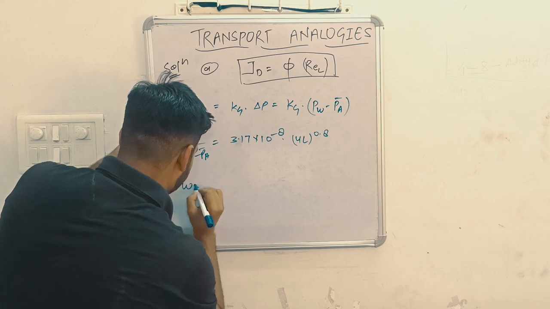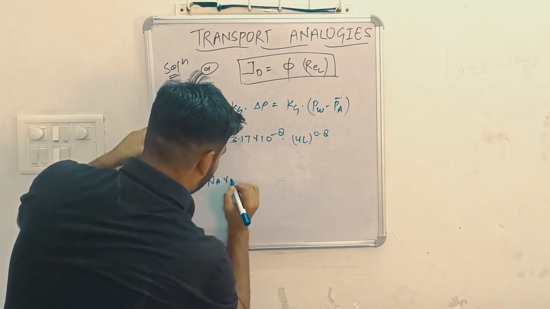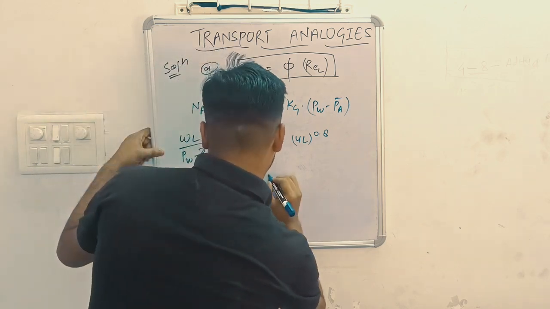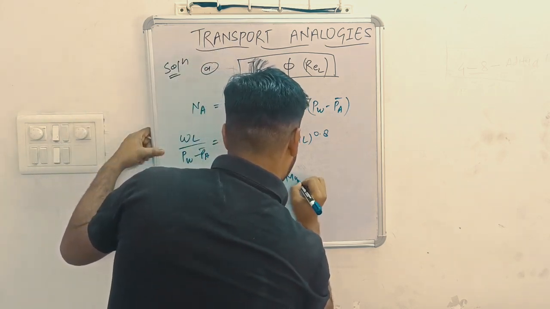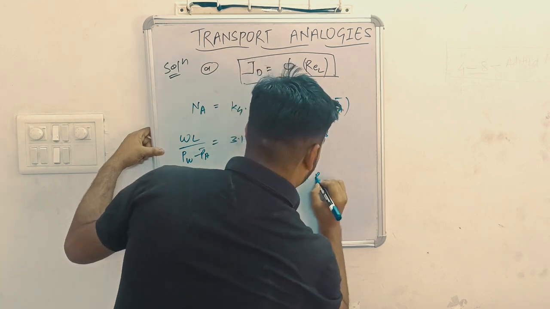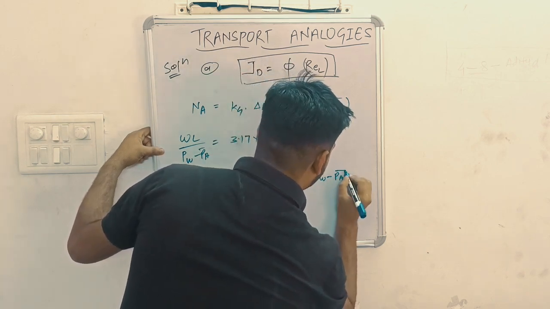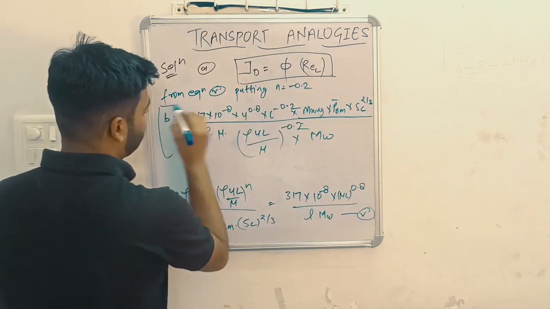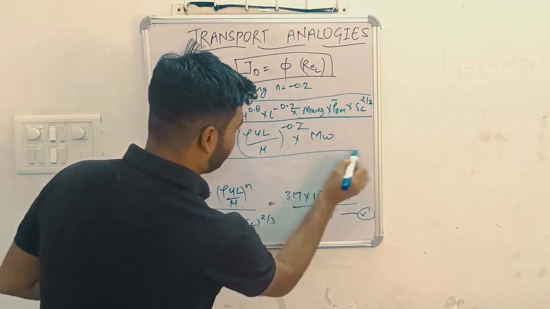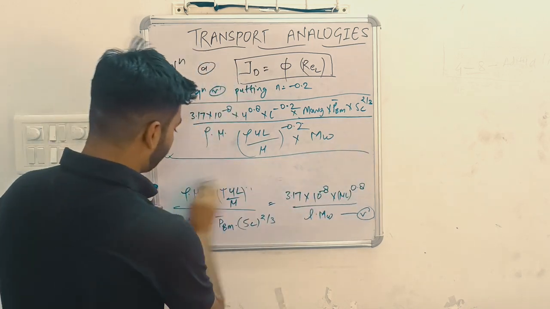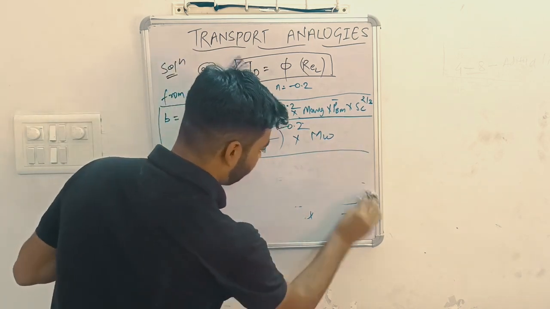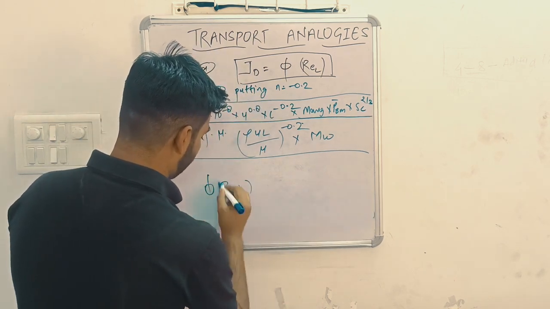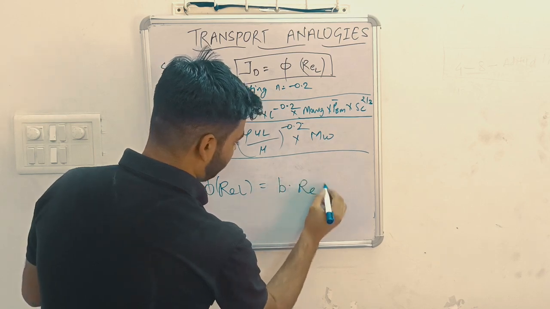Now we know that W is equal to Na into molar weight, which will give kg into MW into Pw minus PA bar. Now after solving this equation, we will get the value of constant x, and from there we can determine the value of phi REL is equal to V into REL power n.